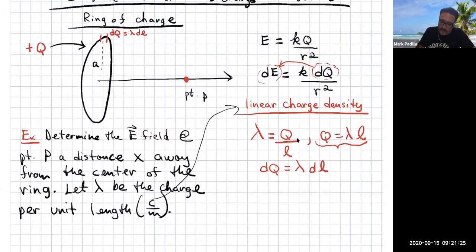So we know this is x distance away. Now the distance from that dq all the way to that point P is right there. And we can also pick a dq at the bottom.